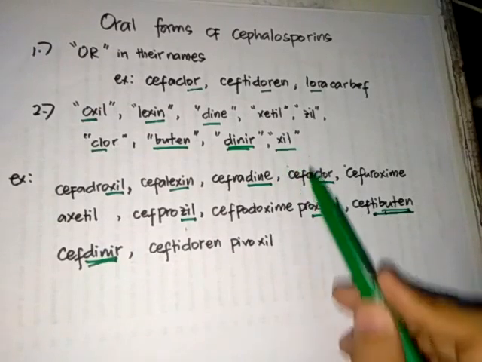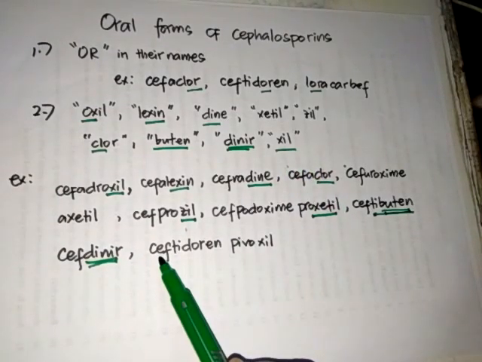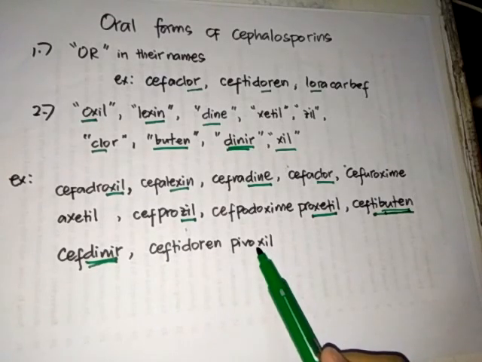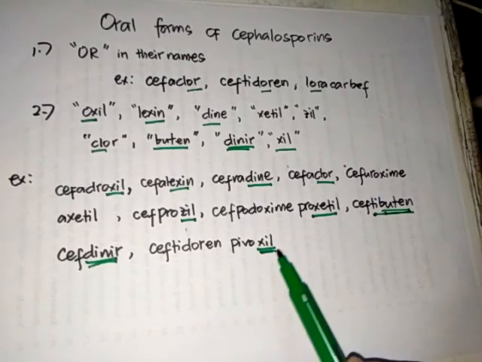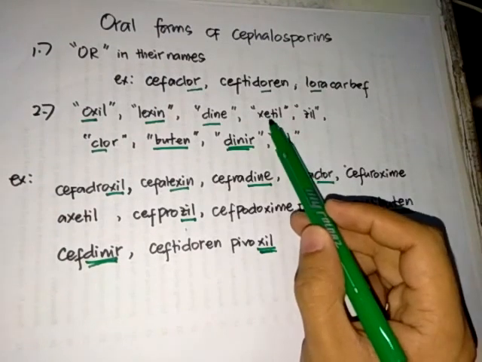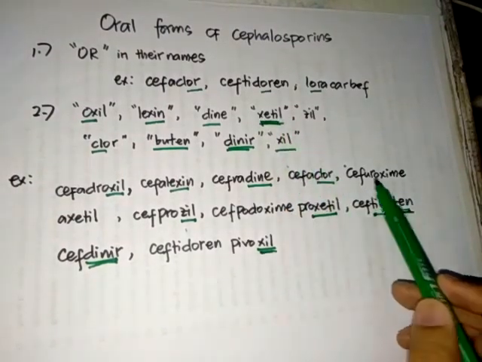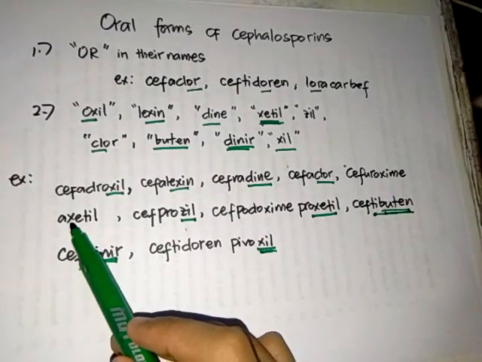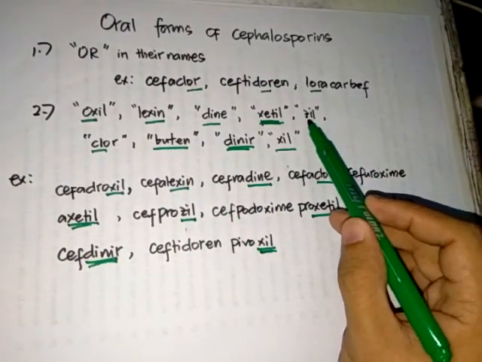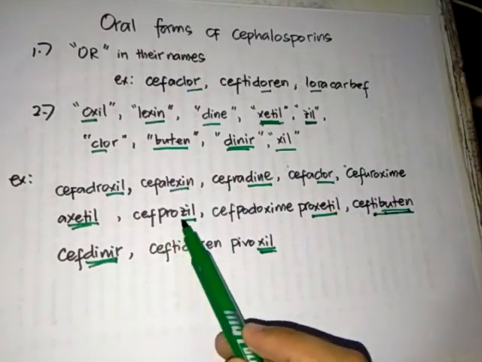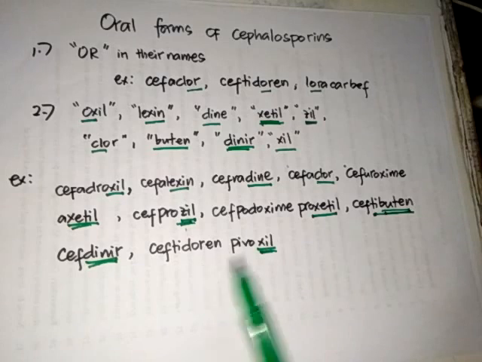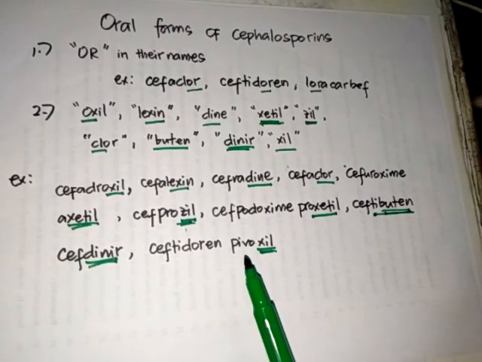And having a pivoxil in their name. Example, the ceftidoren pivoxil. Again, last thing we need to consider is the etil, cefuroxime axetil. And I think I mentioned already the zil, cefprozil, very good.